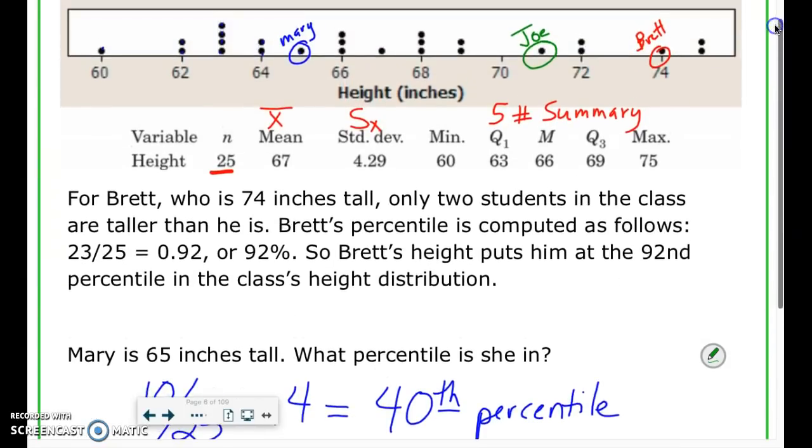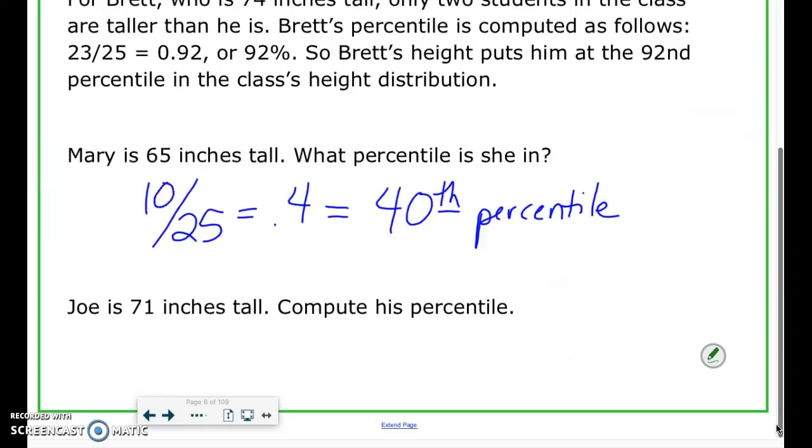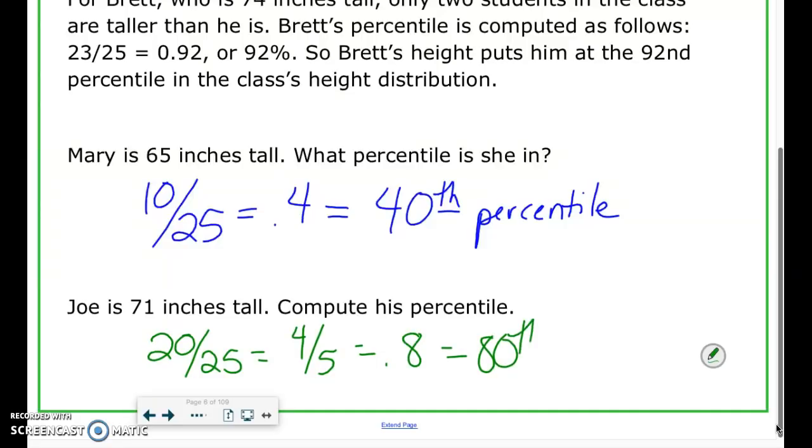Let's count where he is in the ordered list. So here's 1, 2, 3, 4, 5, 6, 7, 8, 9, 10, 11, 12, 13, 14, 15, 16, 17, 18, 19. Joe is number 20. Out of how many? 25. So 20 out of 25, which simplifies to 4/5, which is 0.8, which is about the 80th percentile. So Joe is taller than or equal to the height of 80% of his peers.